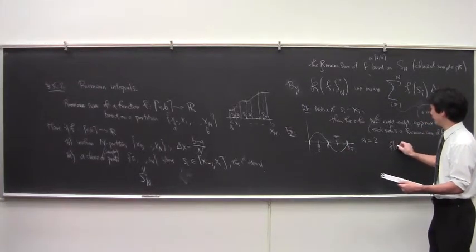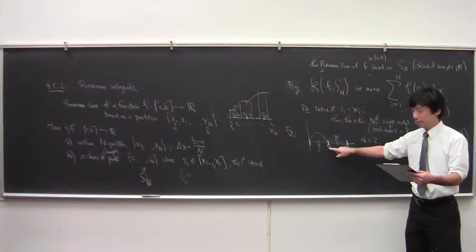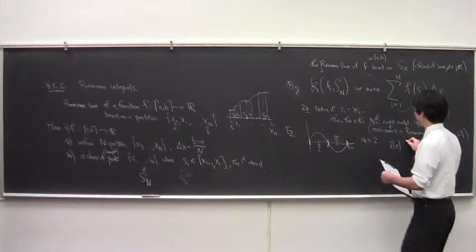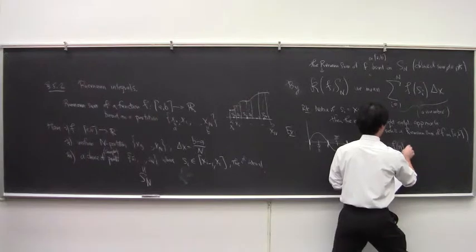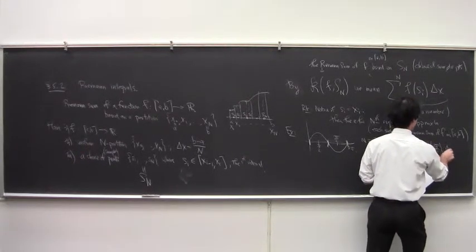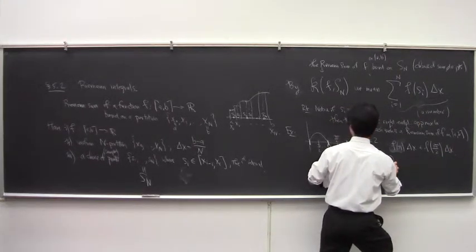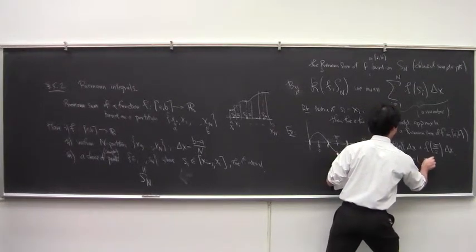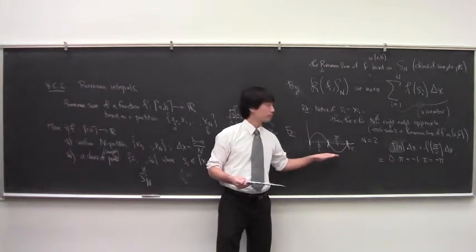So if I say pi is one sample point, and 3 pi over 2 is another sample point, I get f of pi delta x plus f of 3 pi over 2 times delta x. That's going to be 0 times pi plus -1 times pi. So that gives me -pi.